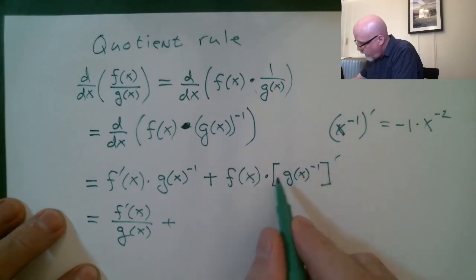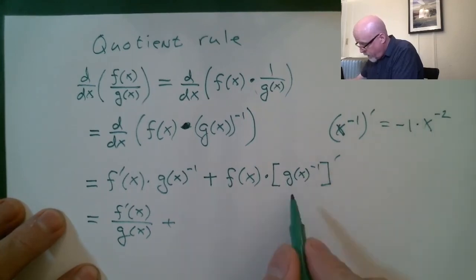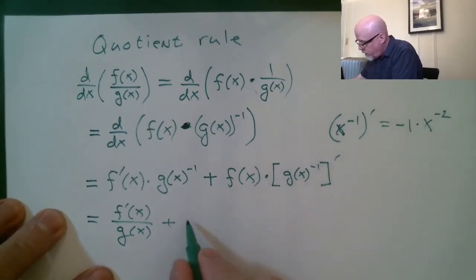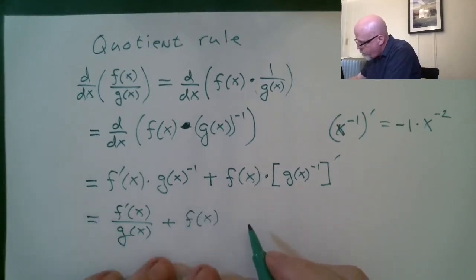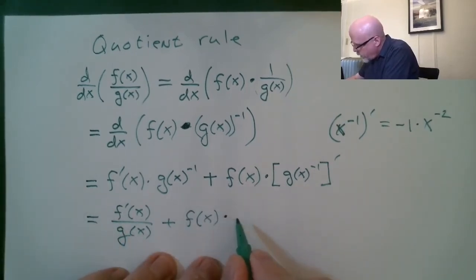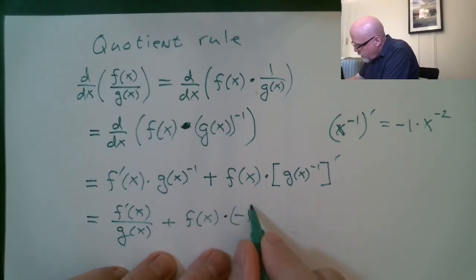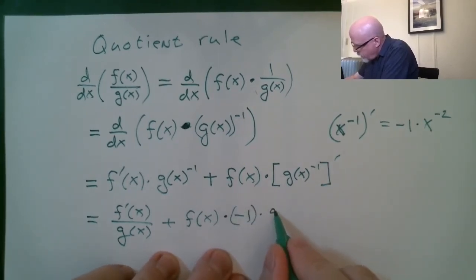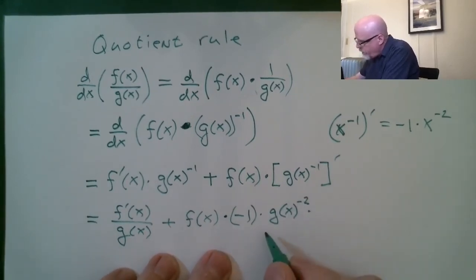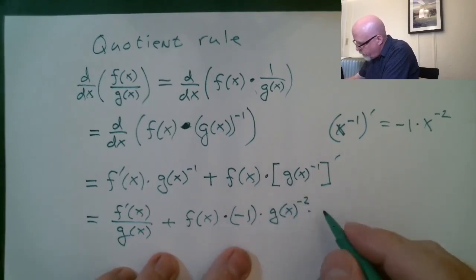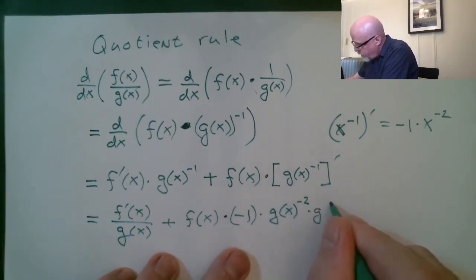So we'll have that derivative, not evaluated at x, but evaluated at g of x. That's how this chain rule plays out. And then times the derivative of the inner function here, which was g of x.